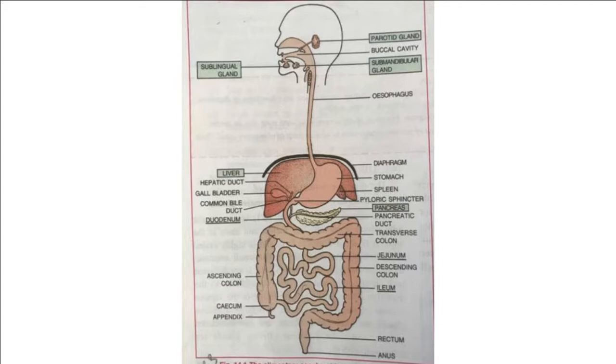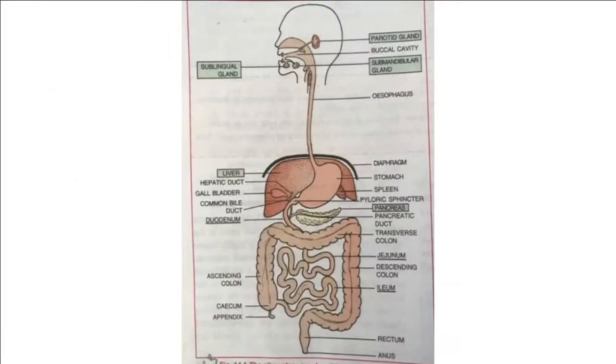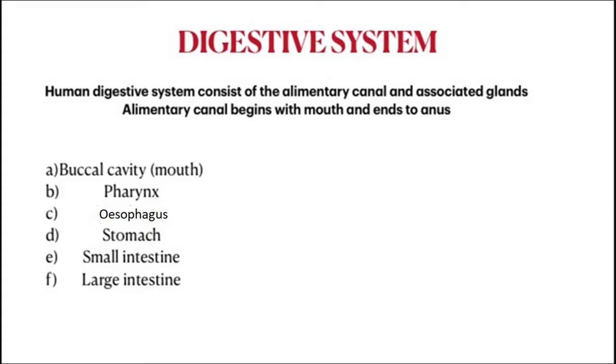Then we have the rectum and anus. So the small intestine has 3 different parts we have seen: duodenum, jejunum and ileum. In the large intestine we have different parts: transverse colon, ascending colon, descending colon. So this is about the digestive system. It starts with the mouth and ends with the anus, you can see.